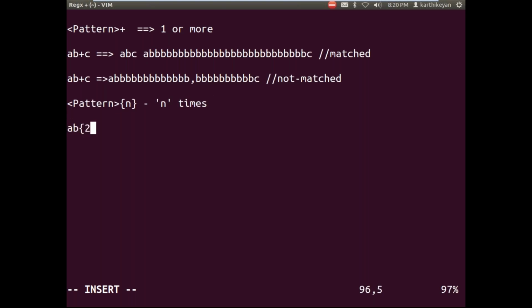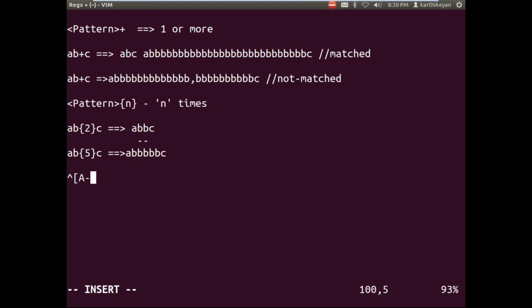For example, A, B, 2 followed by C means A, B repeated 2 times followed by C. Or A, B followed by 5 followed by C means the given number repeated 5 times. It's not more than 5, it's not less than 5.